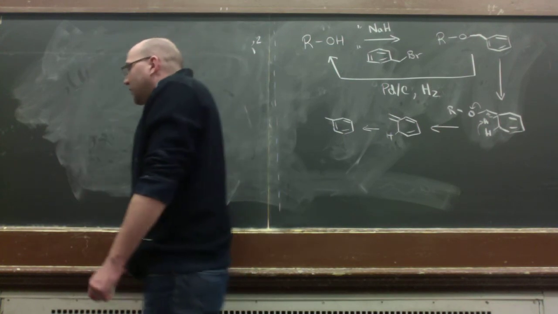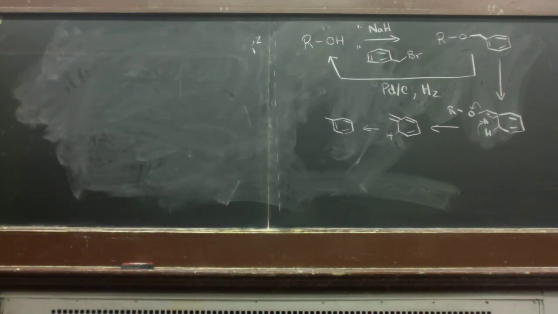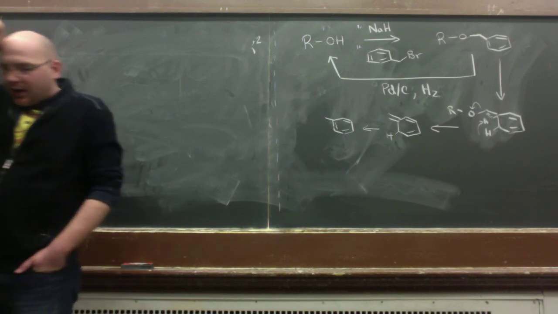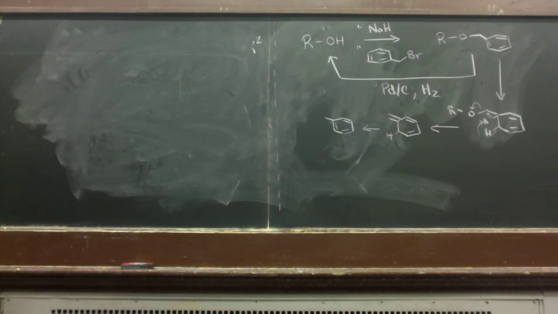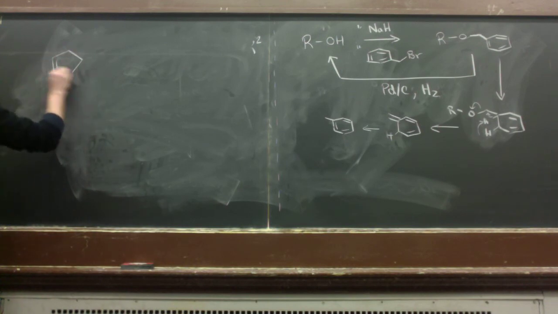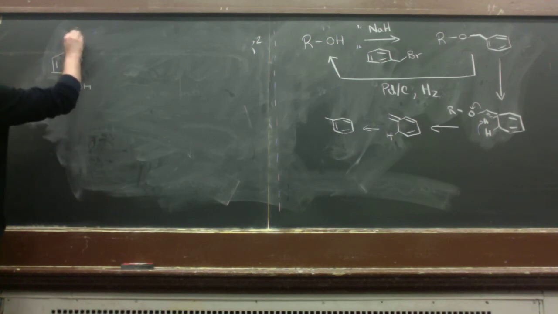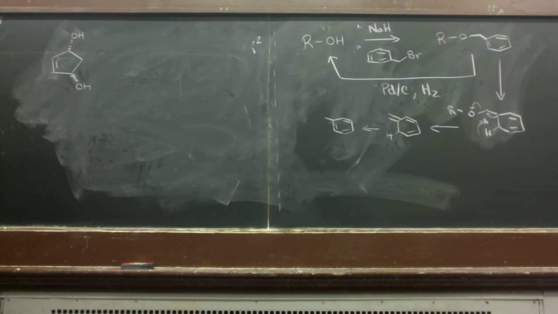I could. So let's discuss that, just because I think it could be brought up in the context of the synthesis problem. I'm trying to think of scenarios where you might have that, but let's say you were in a situation where you had a symmetric diol, like a molecule like this.